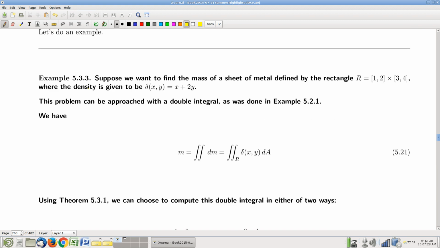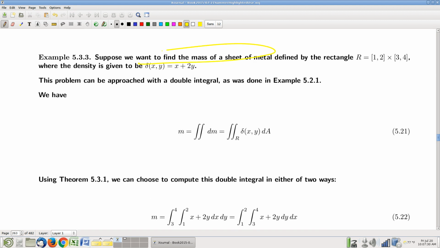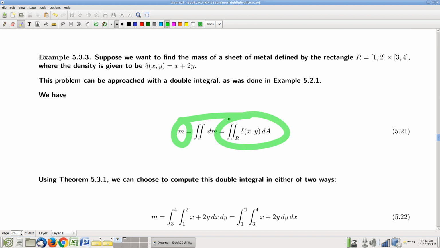And so you see that in this example, where we're asked to compute the mass of a sheet of metal. What we did last time was just say, well, mass is a double integral, and I don't know how to compute that. That's where we got stuck last time. Right now, though, we say double integrals are computed with iterated integrals. Take your pick, either one of these two down here. If you like this one better, doesn't matter.